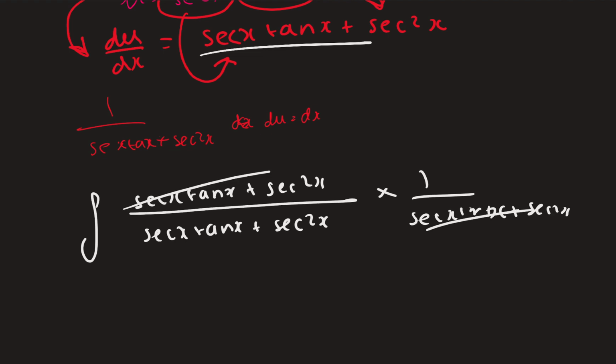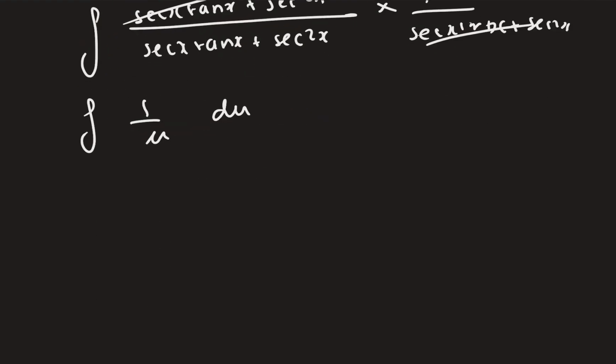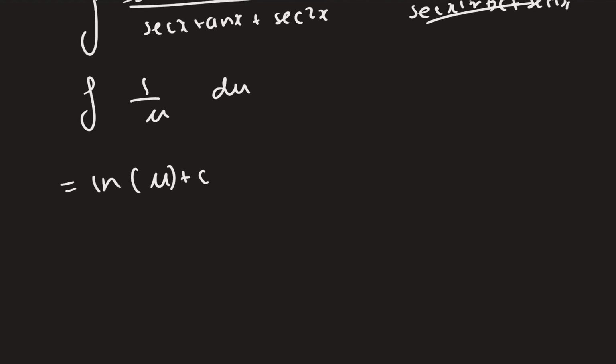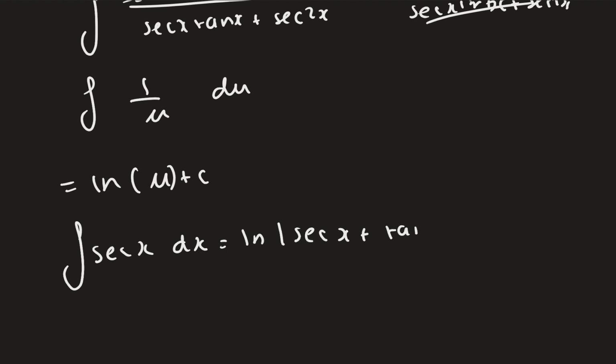This thing cancels, and we're going to integrate 1 over u with respect to du, and so that's going to give you ln u plus c, right? Ln u plus c. And now we can actually sub back in the u, and it will become the integral of sec x dx will give you ln |sec x plus tan x| plus c.